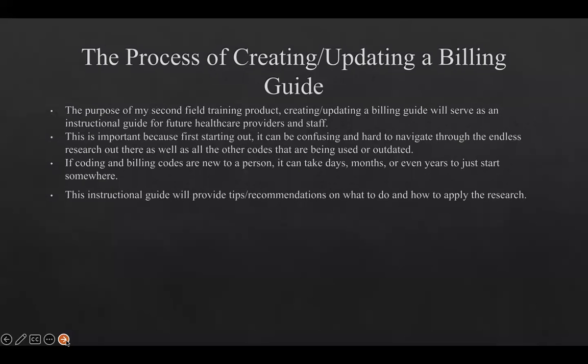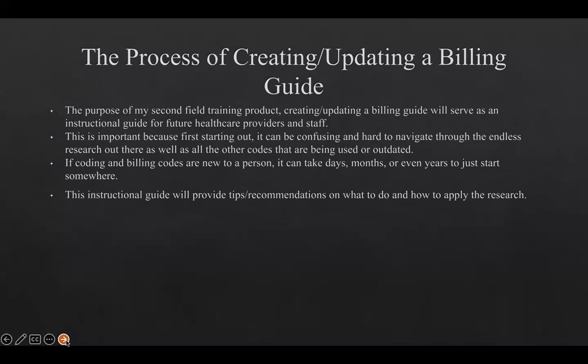So my second original flow training product is the process of creating and updating a billing guide. The purpose of my second flow training product is to serve as an instructional guide for future healthcare providers and staff. This is important because when first starting out, it can be very confusing and very hard to navigate through the endless research out there for billing and coding guides, as well as some that are outdated or currently in use that need to be updated.